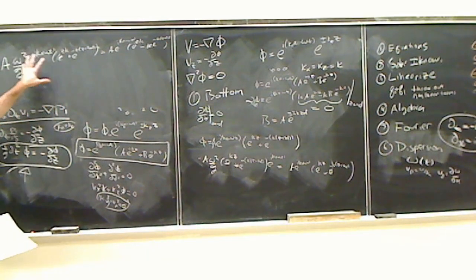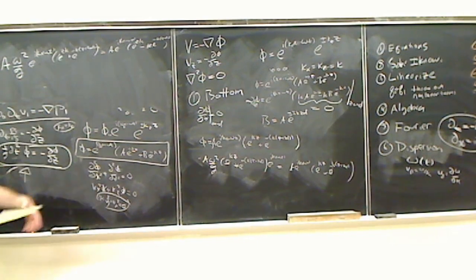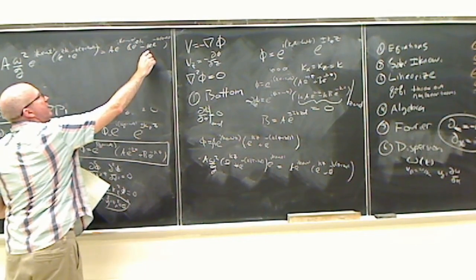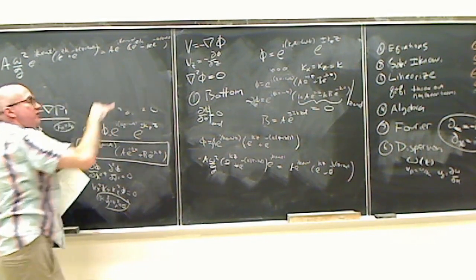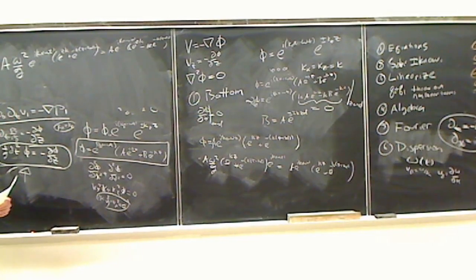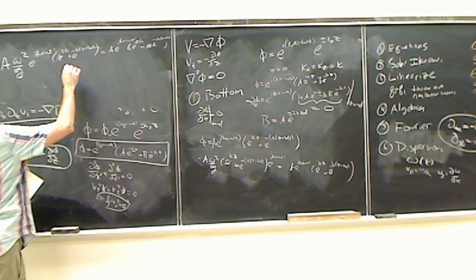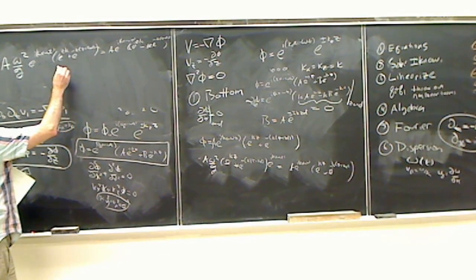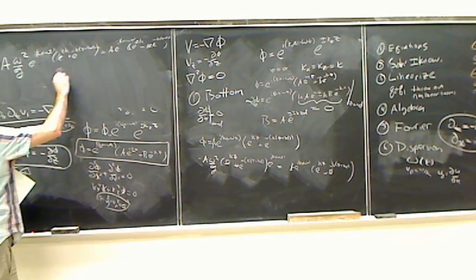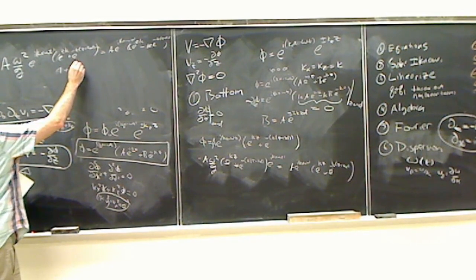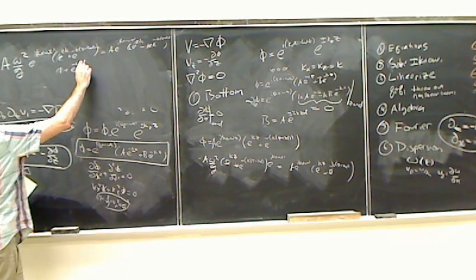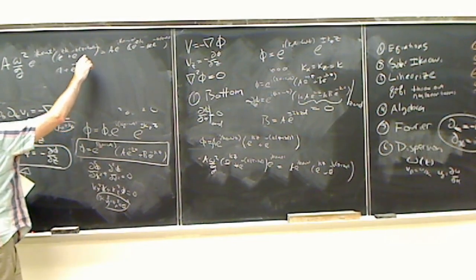Okay, so when I take this time derivative, omega comes out of the first one. When I take the space derivative, a k comes out of the second one. So I've got a k here, and a k here, and a minus k here. Since this is true everywhere, I can evaluate this at z equals 0 at the surface. Does that make sense? So I evaluate this at z equals 0, and this turns into 1 plus e to the minus 2kd.